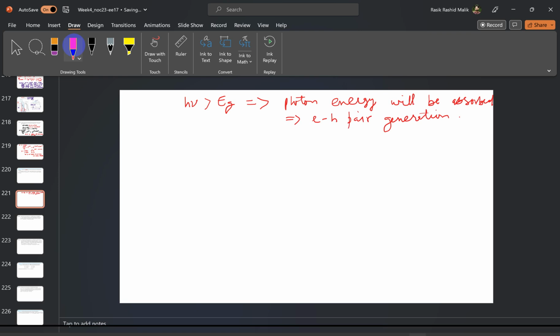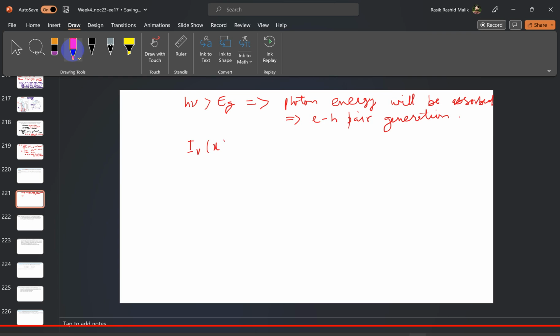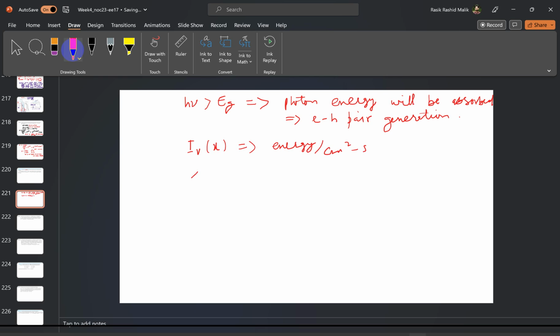Say we have I(V) at x as the photon flux, in units of energy per centimeter squared per time, and alpha I(V)x is actually the energy absorbed per unit volume.